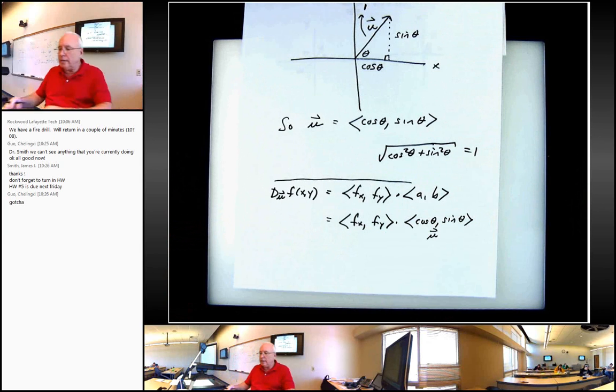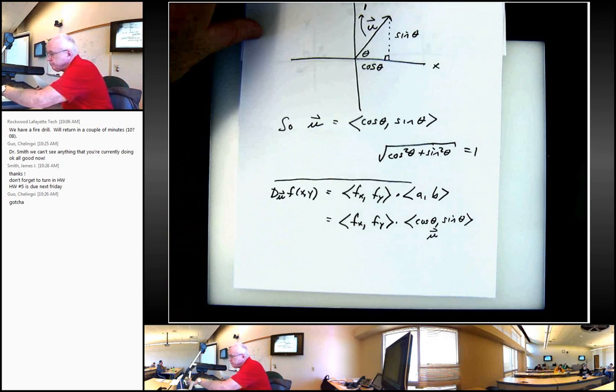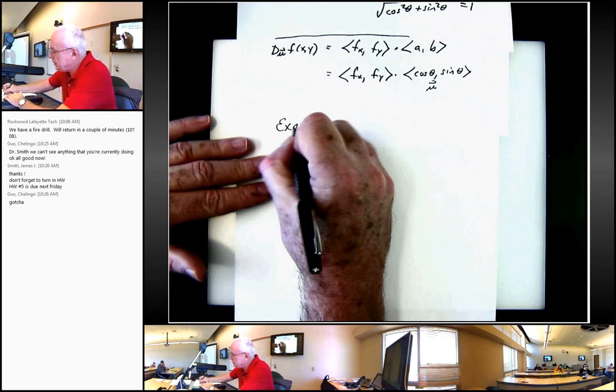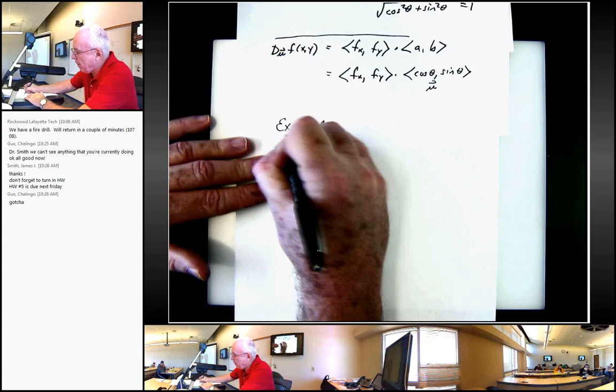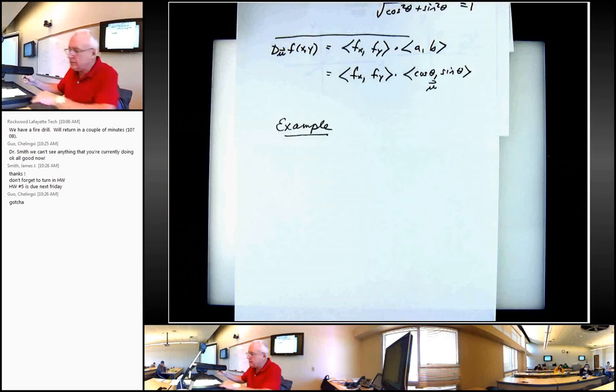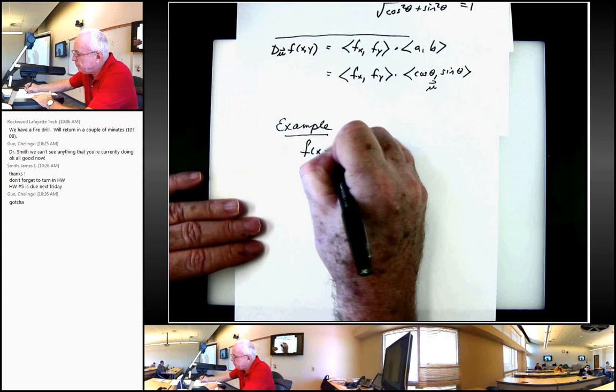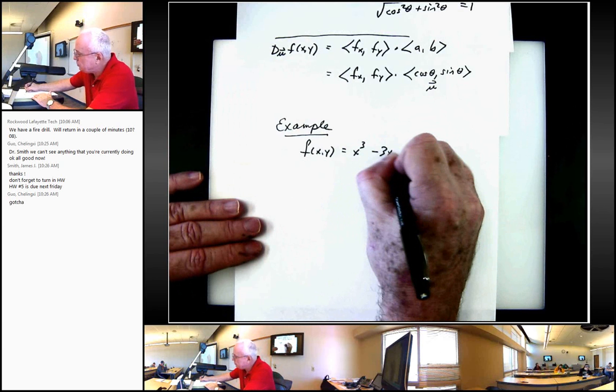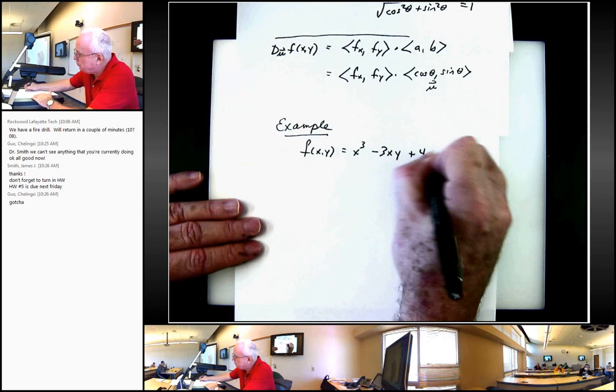So let's look at an example of doing this. Let's say our f of x, y is equal to x to the third minus 3xy plus 4y squared.